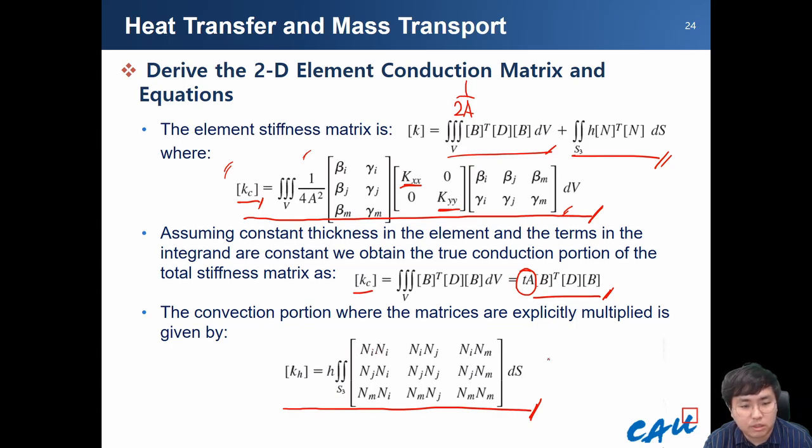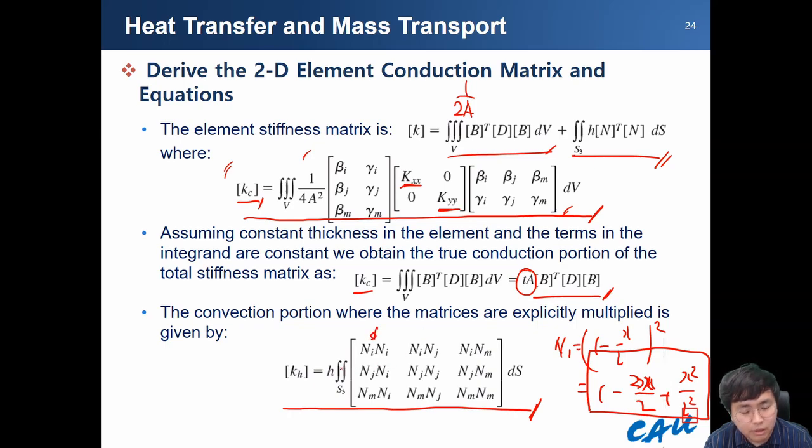Unfortunately, for this part, let's think about N1 is 1/Lx, and I is the same thing. The square means that they return second-order polynomial equations inside here. This time, you can integrate this equation only in the thickness direction.